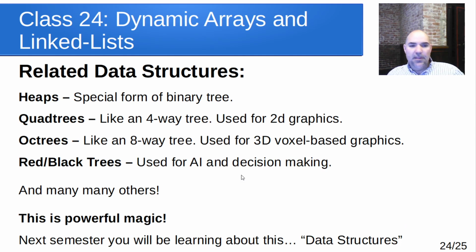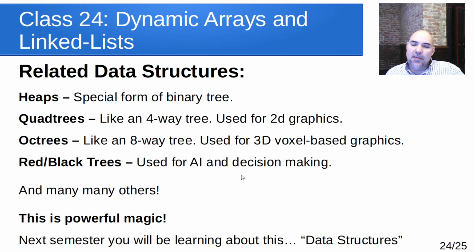Now, a couple of other related things. Heaps are a special form of binary tree. Quad trees, instead of branching 2 ways, branch 4 ways. There's an oct tree that branches 8 ways. Those are used for 2D and 3D voxel-based systems, respectively. And then red-black trees are used for AI and decision-making.